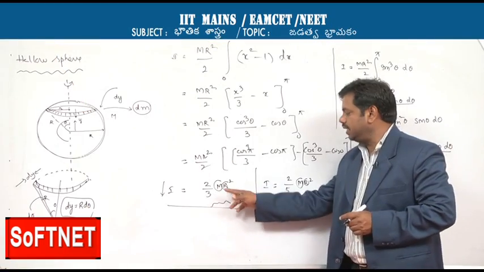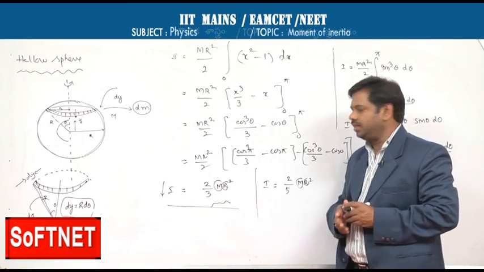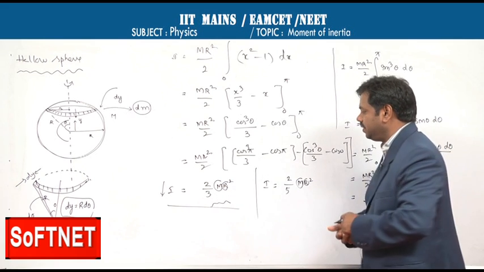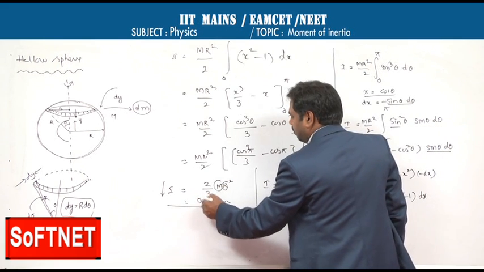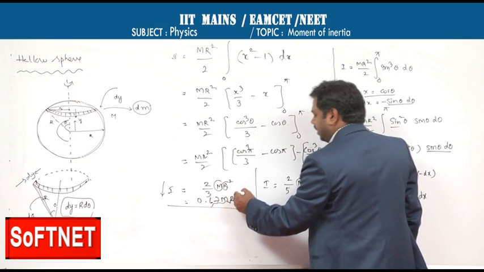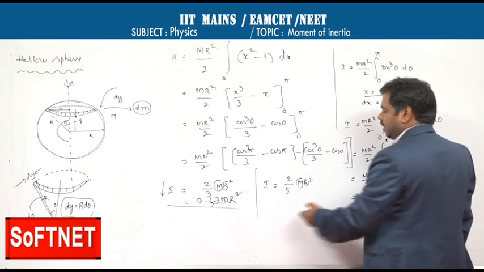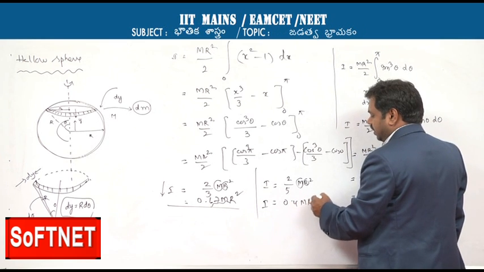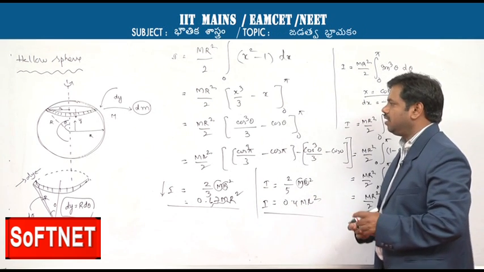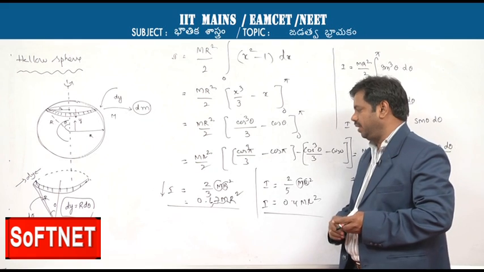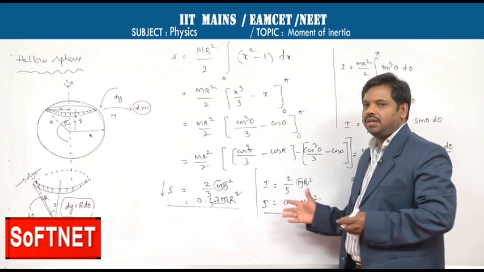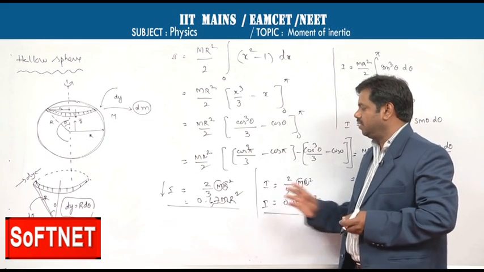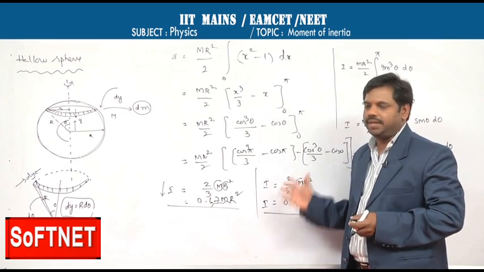For the same mass and also radius, the moment of inertia of the hollow sphere is about 0.67 m r square, but in the case of the solid sphere you got 0.4 m r square. That means the moment of inertia of the hollow sphere will be larger than that of the solid sphere for the same mass and same radius.